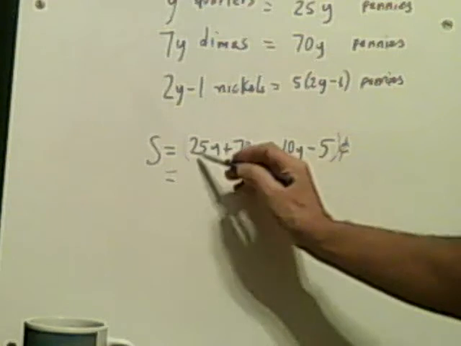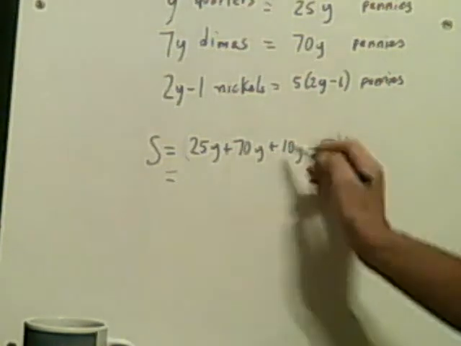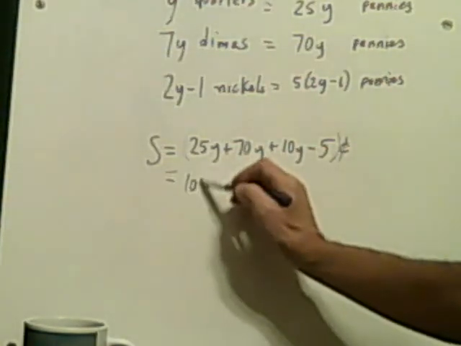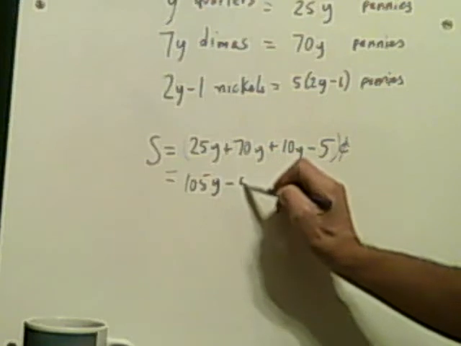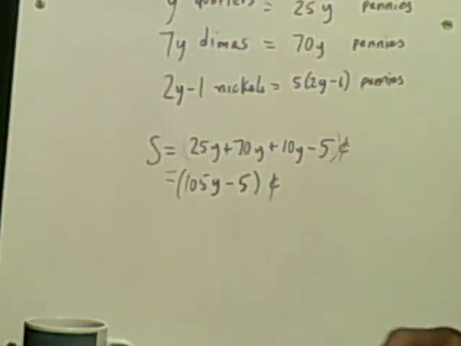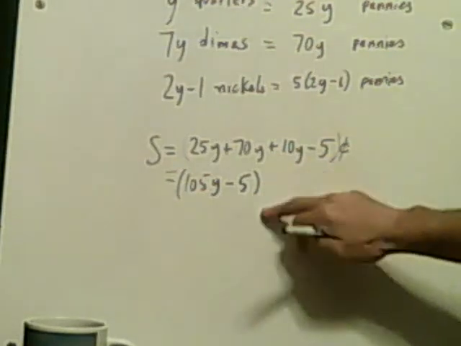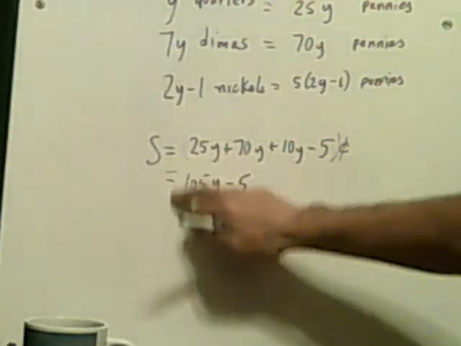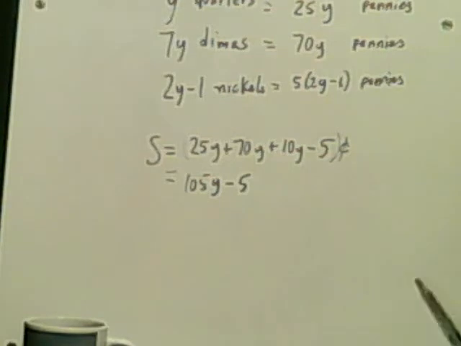Now I just add them up. 25 and 70, that's 95, plus 10 is 105y, minus 5, and it's all in cents. You didn't have to have the cents there if you don't want to, because I said what is the amount in cents? It would be understood that the answer is in cents, even if you didn't write it. So either one of those is correct.